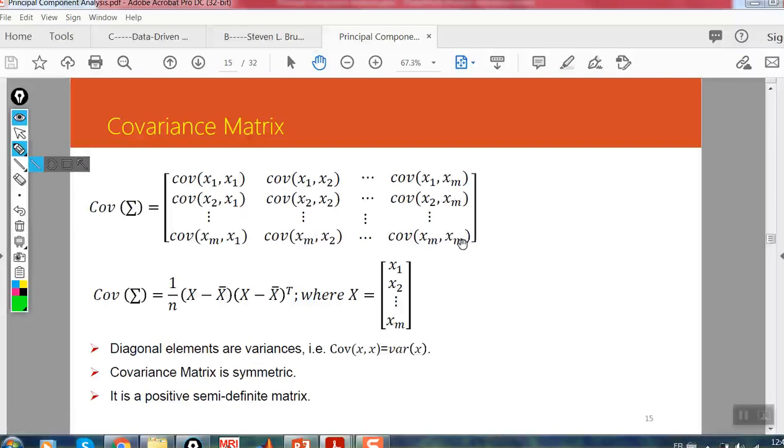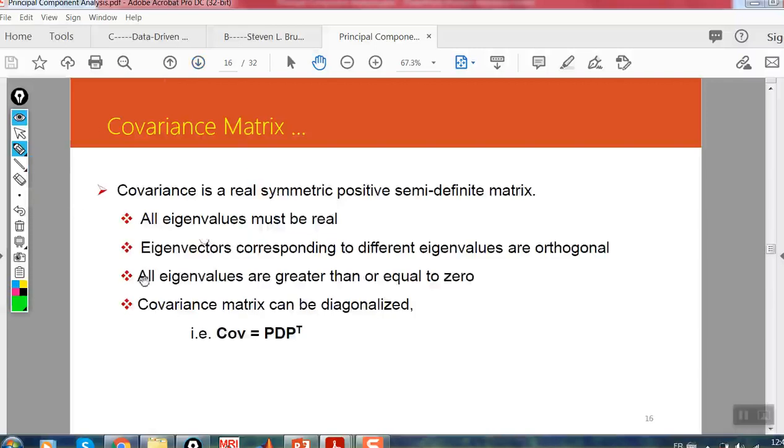The diagonal elements are variance, and again, if you pay attention, the covariance matrix is symmetric, because the covariance of x1 and x2 is equal to the covariance of x2 and x1. Then it is a symmetric matrix, and also it is a positive semi-definite matrix.